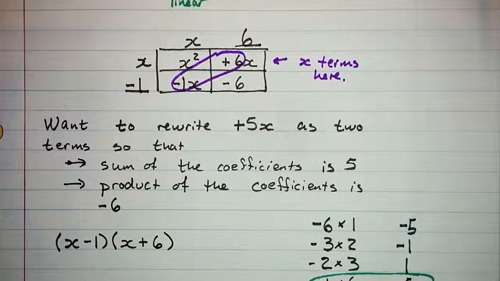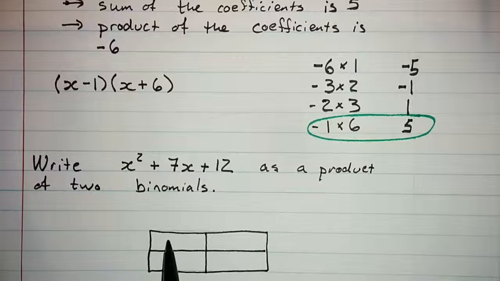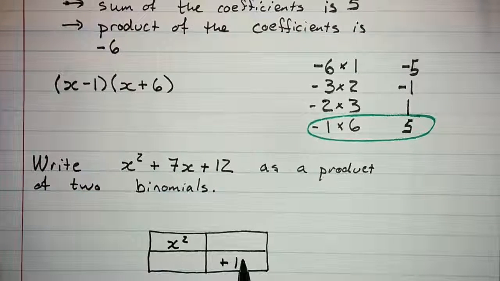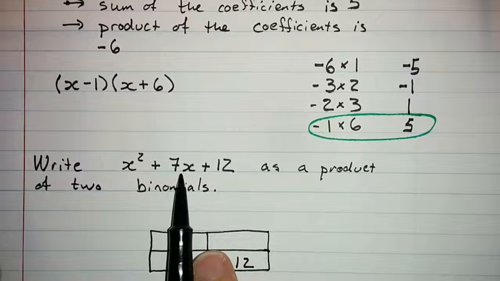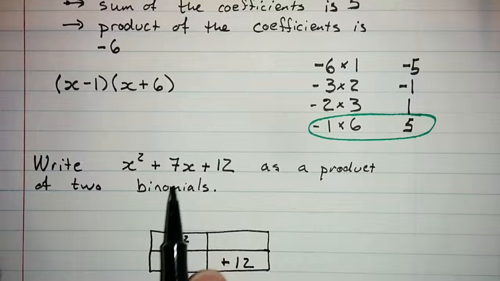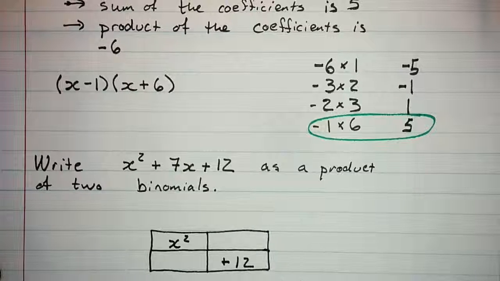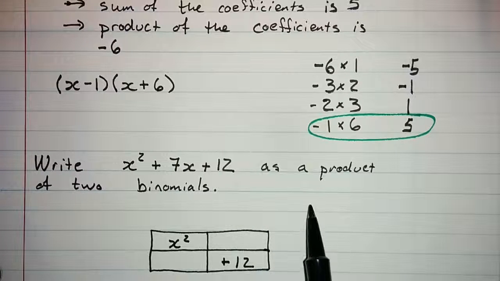Let's see that again. Let's say we want to write this polynomial as a product of 2 binomials. Well, here we'll have x squared, and here we'll have +12. We want to split up the x term so that the sum of the coefficients is 7, and the product is 12. How do we get 12 as our product?